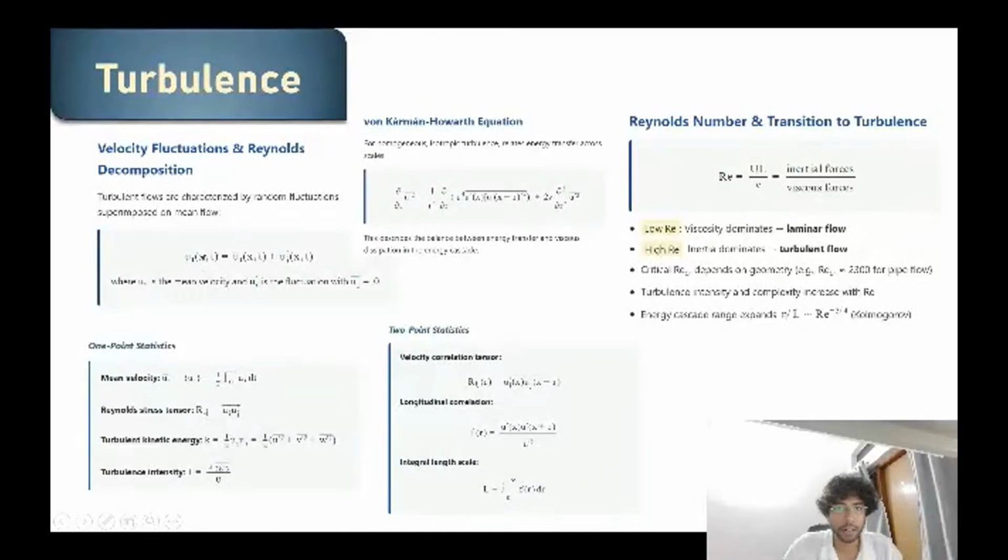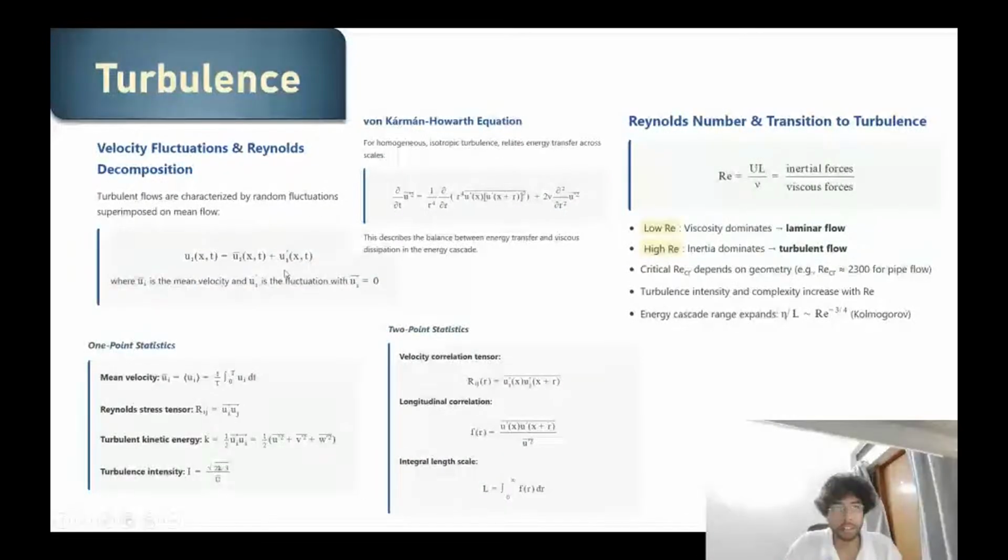So we are going to study turbulence with the help of something called the Reynolds decomposition. Any observable of the fluid, in this case let's take the velocity, can be decomposed into a mean part and a turbulent part.